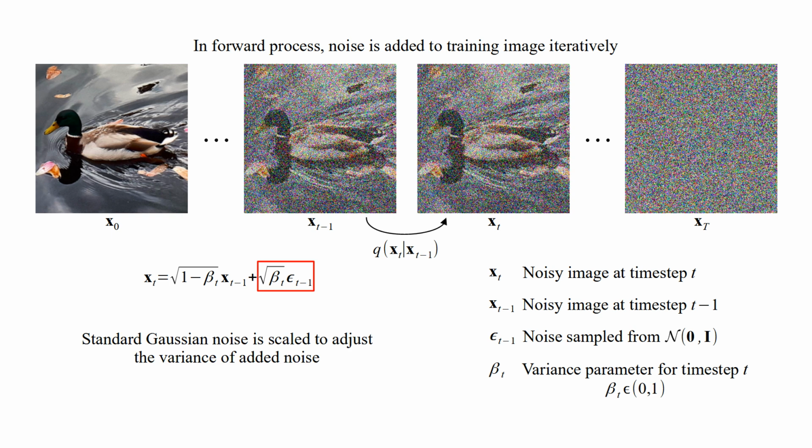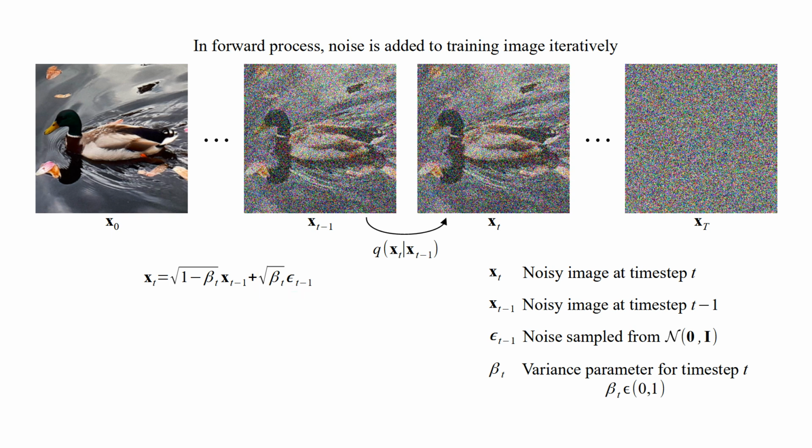Standard Gaussian noise is scaled to adjust the variance of added noise. X-T approaches standard Gaussian noise for large capital T, for example 1000. Set of beta t values is called Variance Schedule.